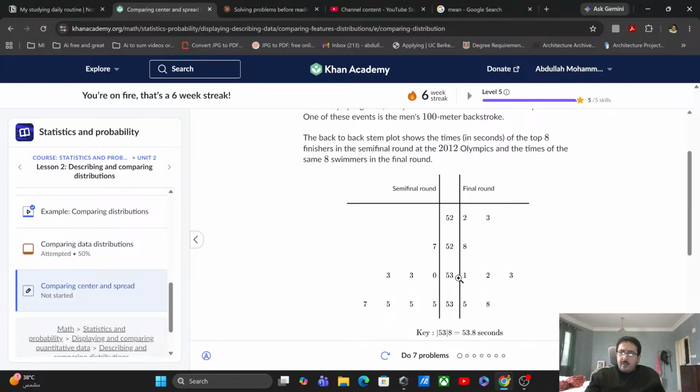What does that mean? 53.8 is 3 seconds. So this is what it actually is. Let's see if the distribution is like this. So I got final and round. I'm reading it the wrong way.